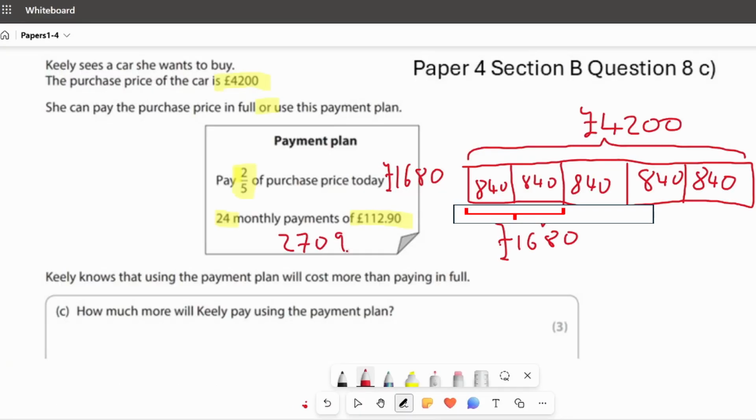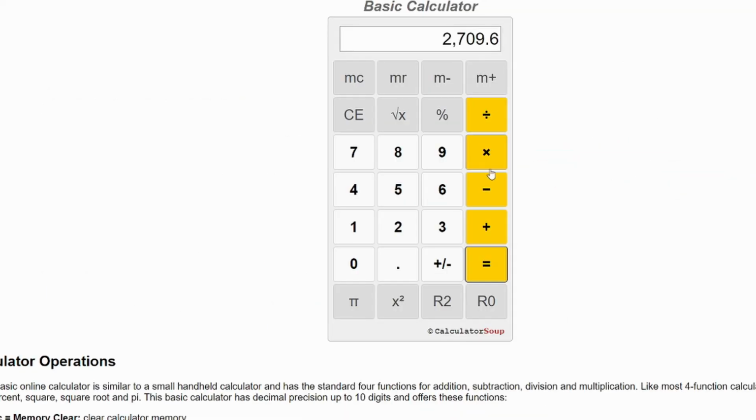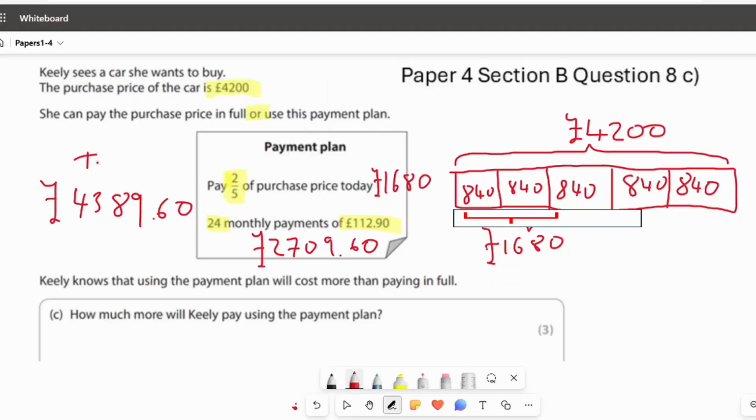And now we know how much it costs with the payment plan, because we can just add the £2,709.60 onto the 1,680. I combine them to get a total of £4,389.60. Okay, so that is the total with the payment plan.